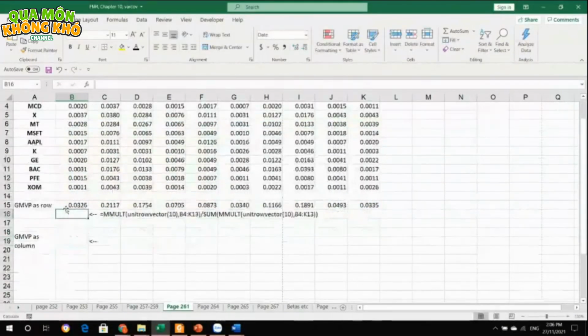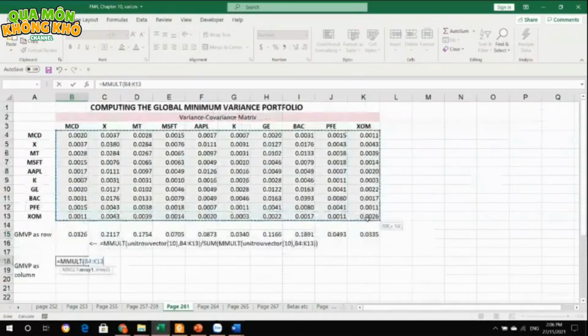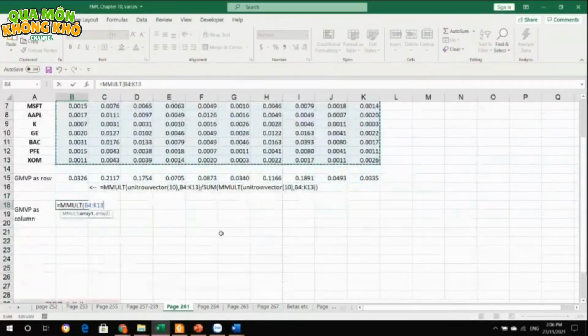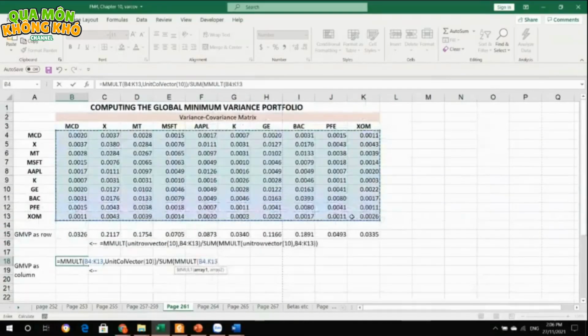So we have the GMVP as row here, and for the GMVP as column, we use the matrix and the unit column vector here for column, also 10, divided by the sum of the matrix and the unit vector.